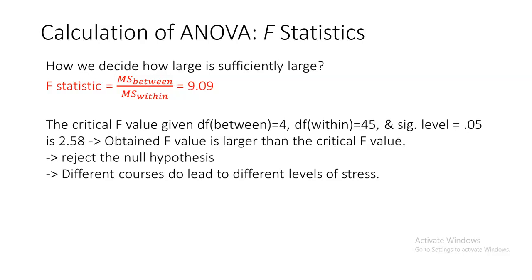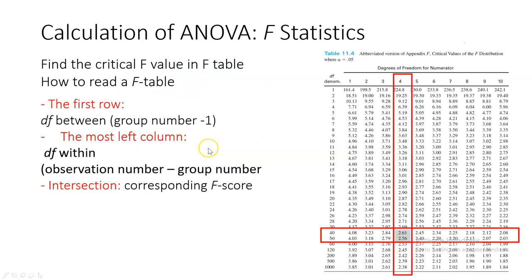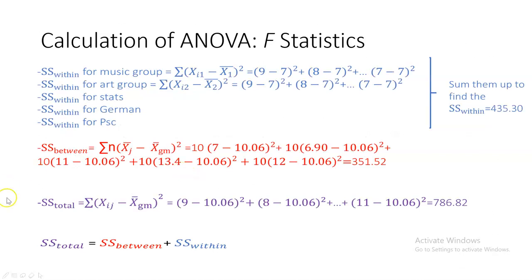I also have one practice for you, but before I talk about the practice, I want to make one correction for one of my previous slides. It is this equation when we calculate this S between. We said that we want to give different weight to different groups because they may have different sample sizes.